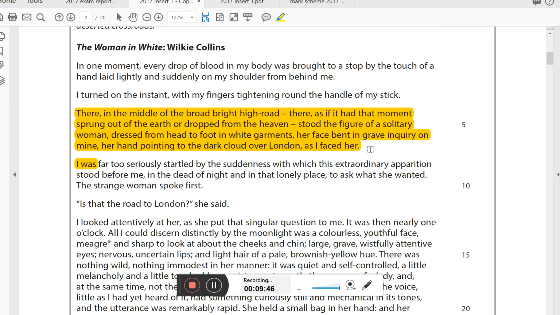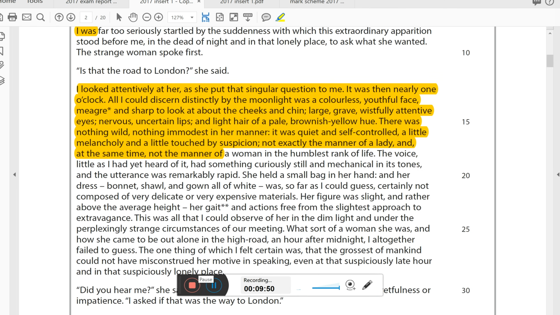Then we've got her appearance later on. So we've got her appearance, maybe mysterious. He's looking at her in such detail, isn't he? Because he's really mystified. He can't work her out. He can't work out what sort of woman she was. Because remember, in those days, things like class were really important, weren't they?